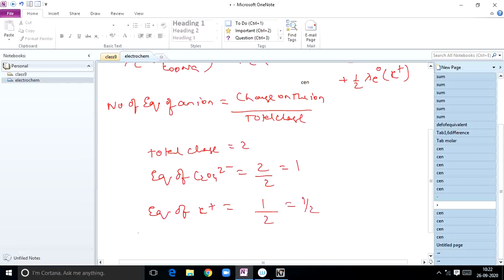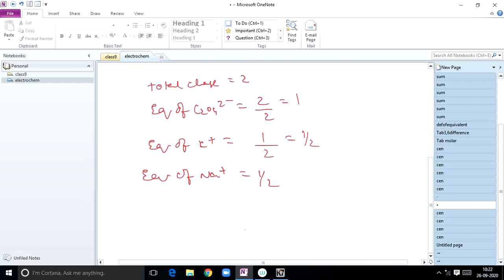Next, equivalence of sodium ion is equal to 1 by 2. So that only I applied here. After calculating that, you substitute all this in that formula. Finally, what you will get? X, Y, Z are given. So here the equivalence will become X for oxalate, Z by 2 for potassium ion, and Y by 2 for sodium ion.